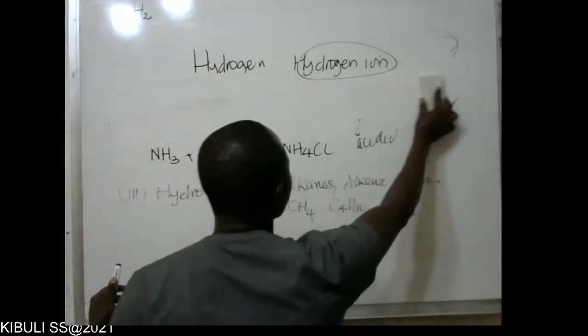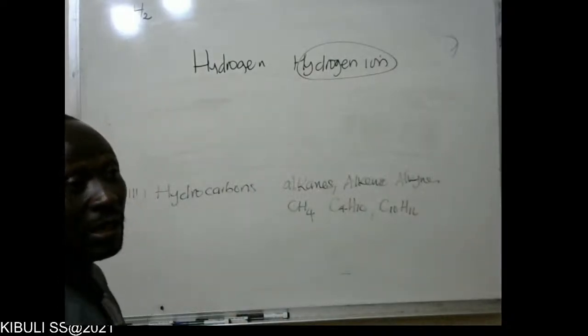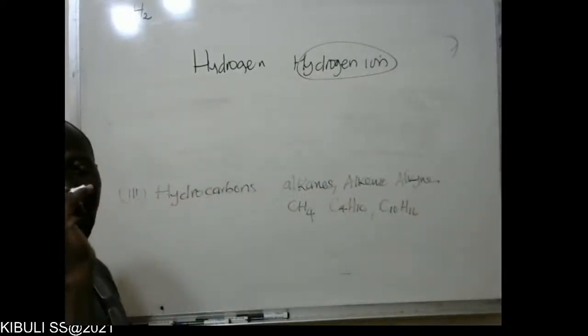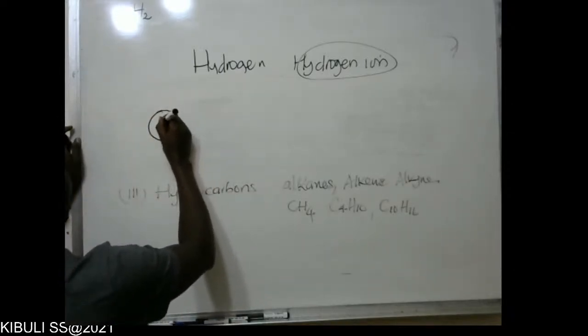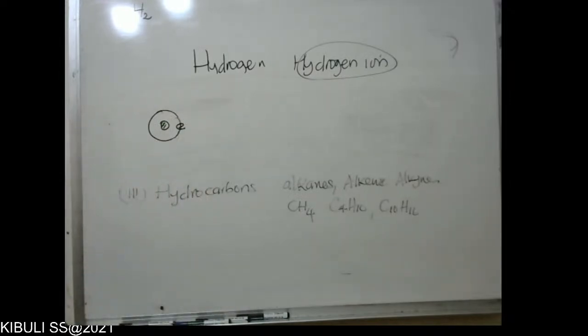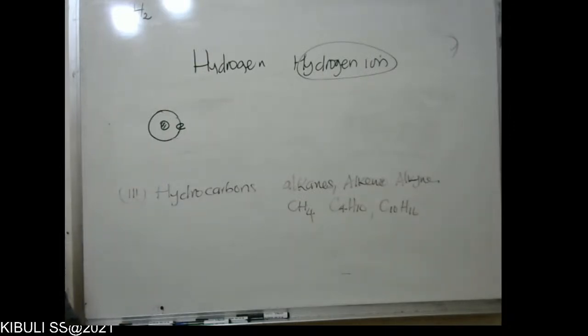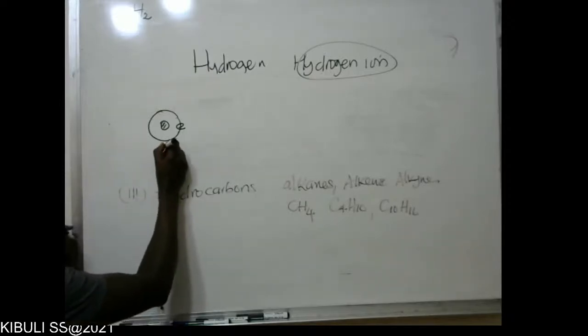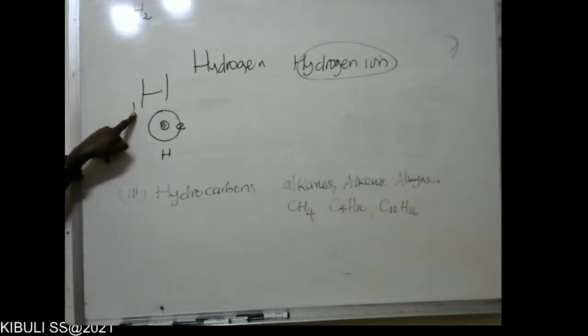So allow me to expound on Kayondo's question using senior 1 chemistry. That is a nucleus. And the nucleus has protons and neutrons, electrons outside. And this is the atomic structure for a hydrogen atom. Because hydrogen is H1, one proton, and therefore one electron.